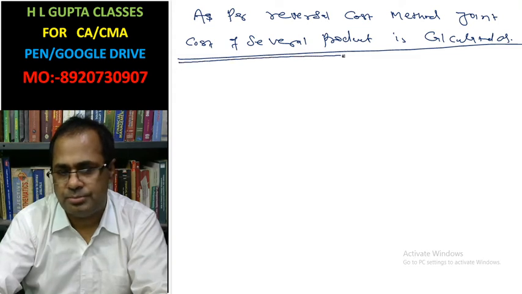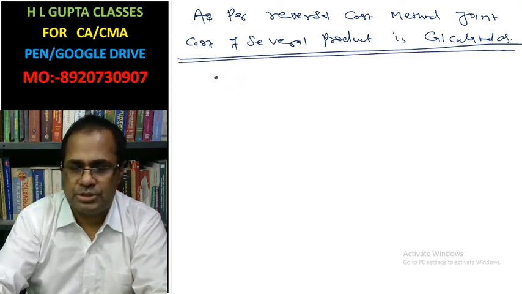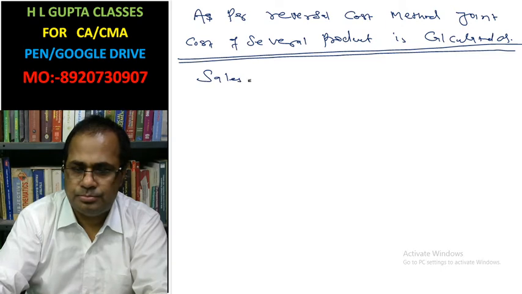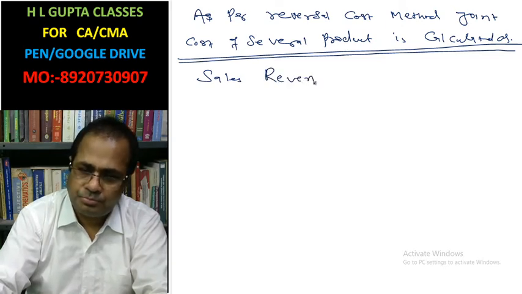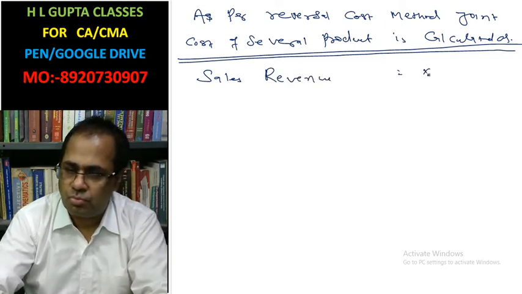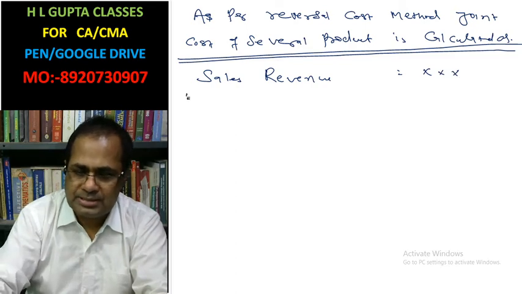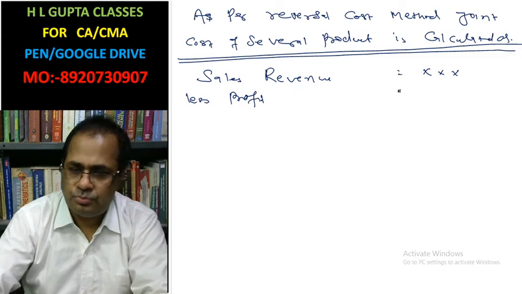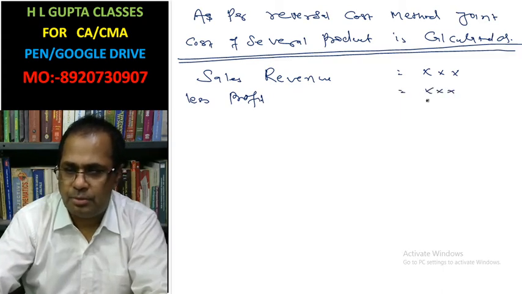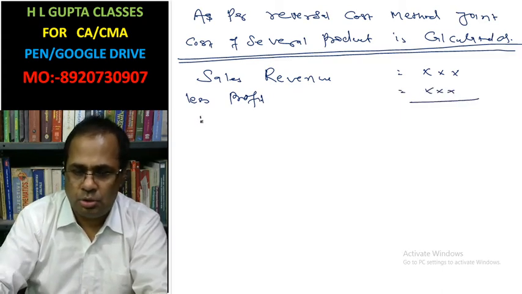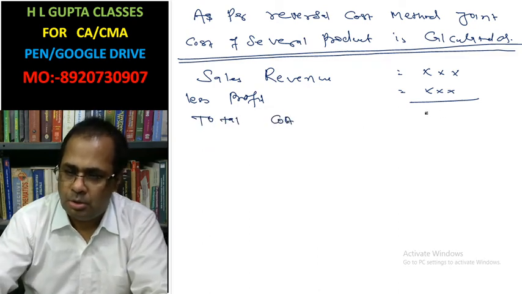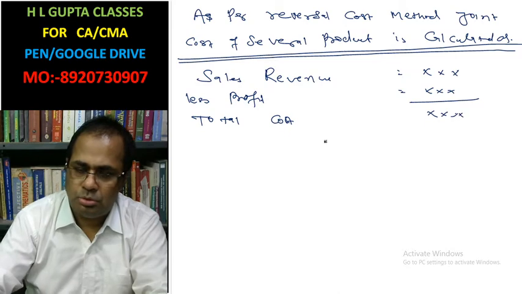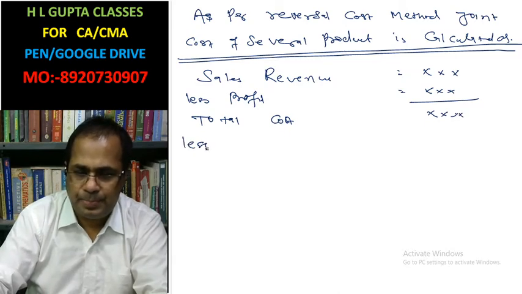First you write sales revenue, less profit. You have to subtract profit, which gives the total cost, less separation cost.